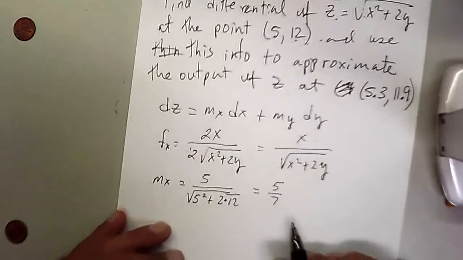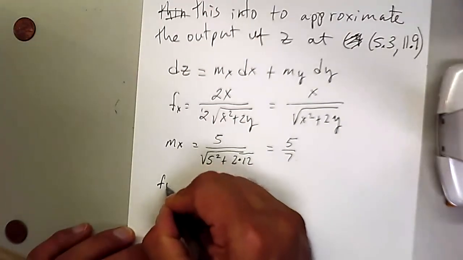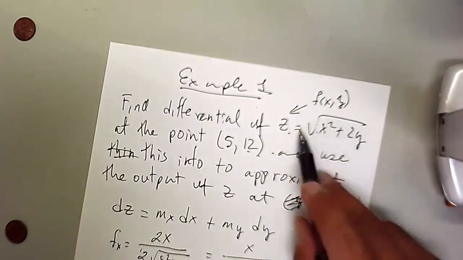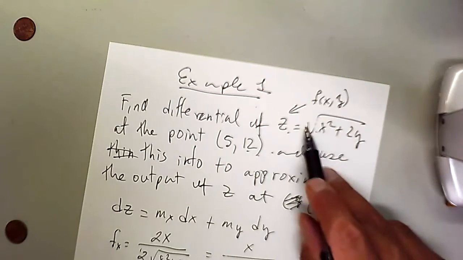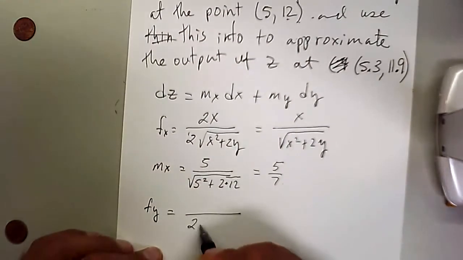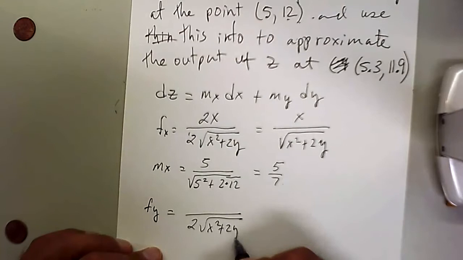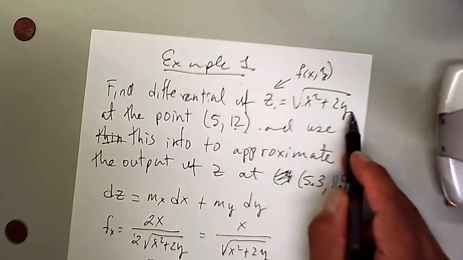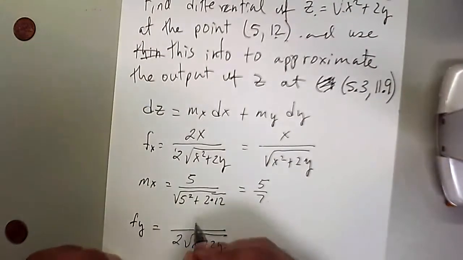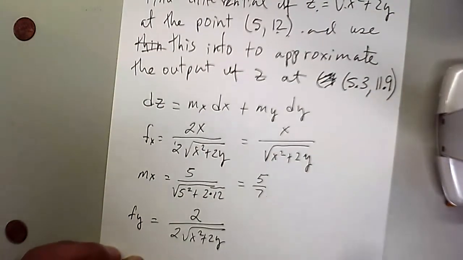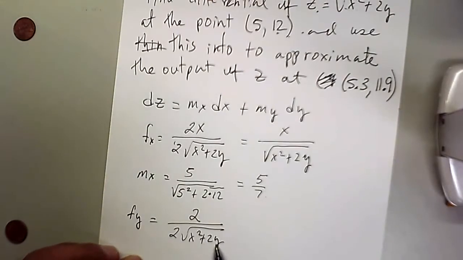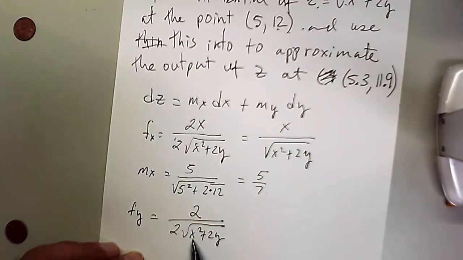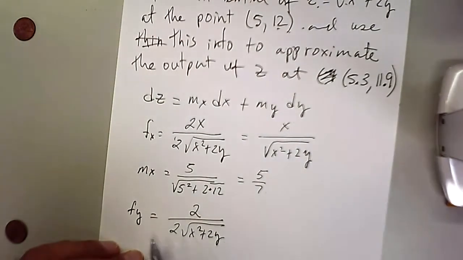Yeah. So remember that. f sub y is going to be, again, we're taking the derivative of this quantity with respect to y. The derivative of our root is 1 over 2 times the root. By the chain rule, we have to multiply by the derivative of x squared plus 2y with respect to y, which is just the 2, not 2y, because we don't have y squared, we have 2y. The derivative of x squared with respect to y is 0. The derivative of 2y with respect to y is 2.